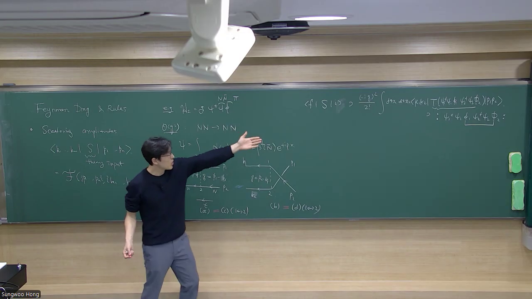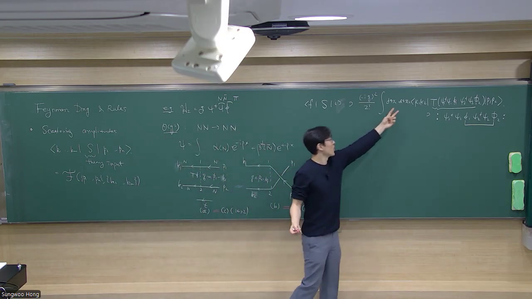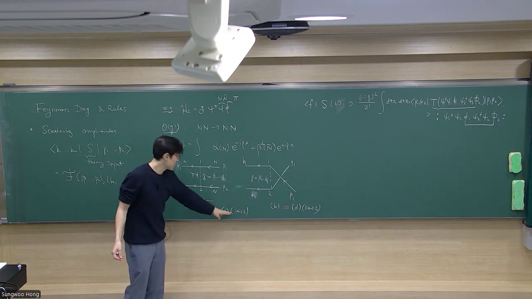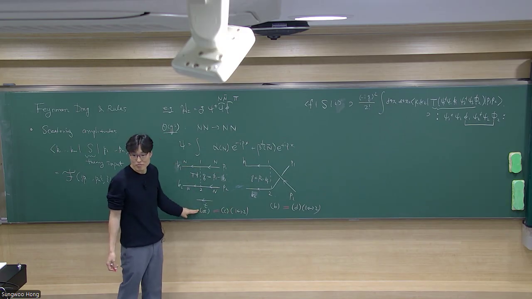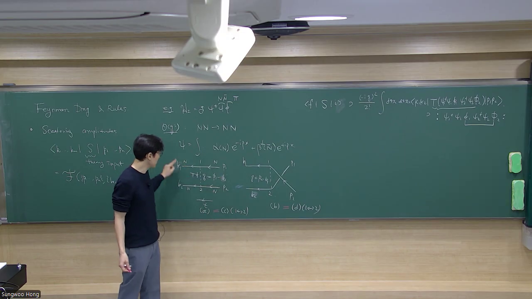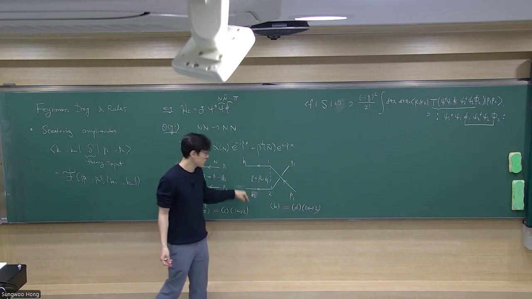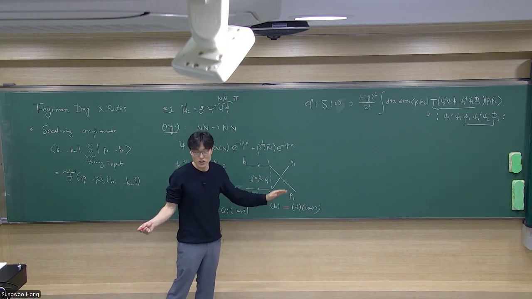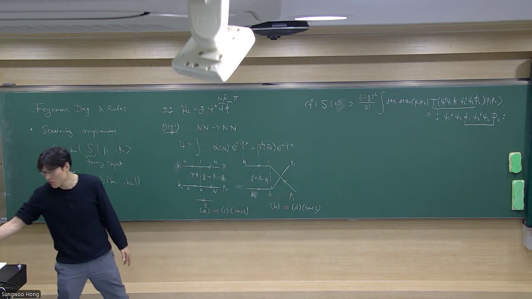Because as a function of momenta, this thing is literally the same function as that. Same external labeling, same momentum transfer. So it must be the same function of momentum. So you should have a factor of 2.